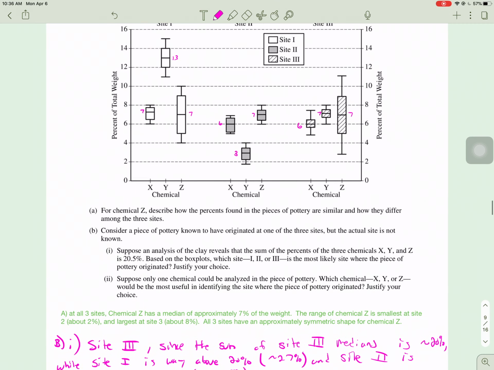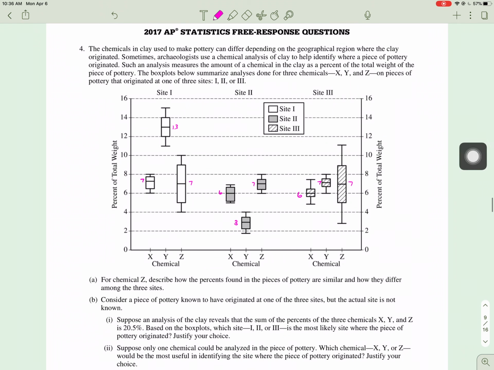If you choose chemical X, well, let's say we analyze chemical X only instead of X, Y, and Z. And I get, let's say, 6% of the weight of chemical X. Well, what site could it be in? It could be in site 1, site 2, or site 3. So chemical X is not a good chemical to choose because there's a lot of overlap.